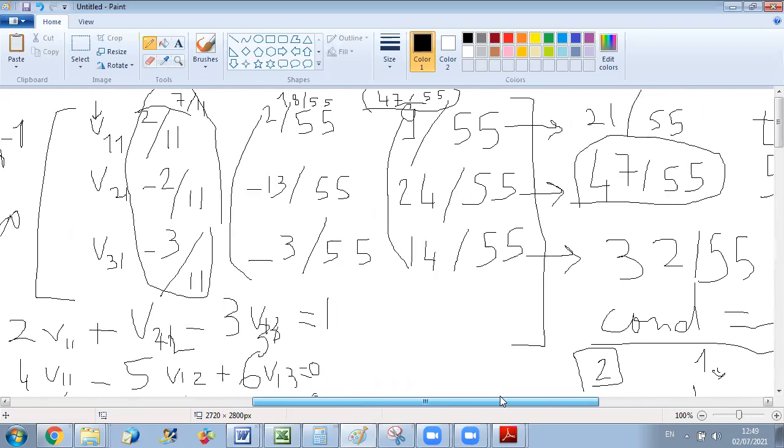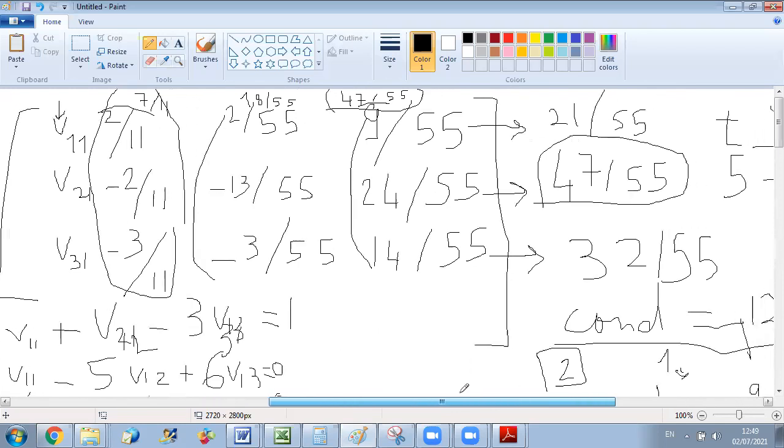So if I apply it on A minus 1, then I do summation of row elements here, 2 over 11 plus 2 over 55 plus 9 over 55, I get 21 over 55. I do the summation for the second row, minus 2 over 11, minus 13 over 55, 24 over 55, it's 47 over 55.